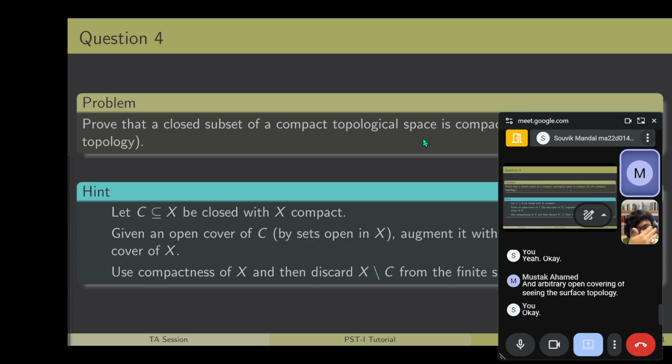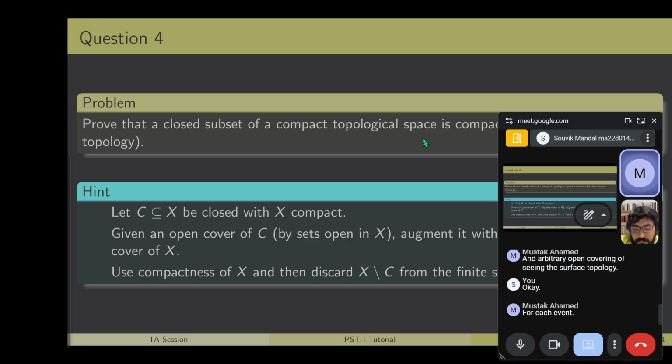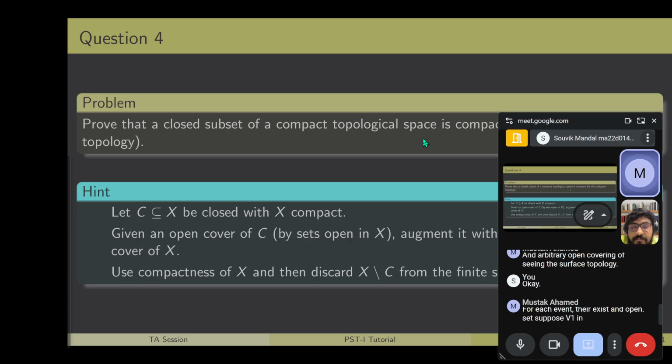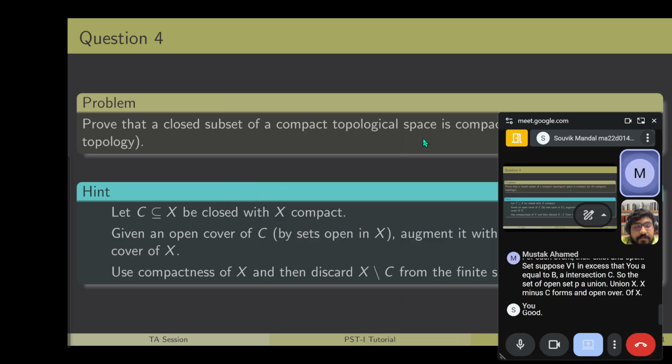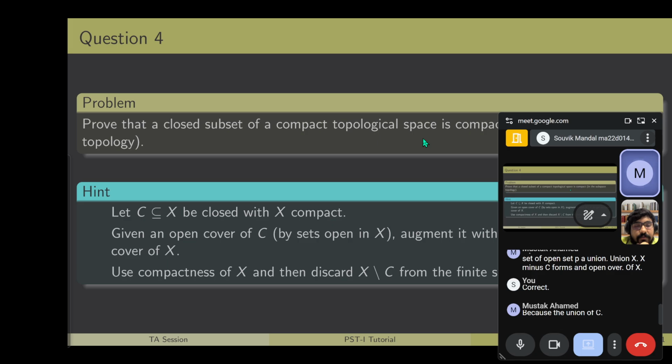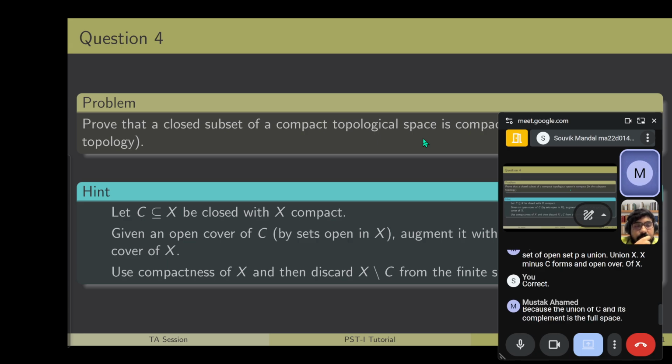For each U_α, there exists an open set V_α in X such that U_α is equal to V_α intersection C. The set of open sets V_α, together with X minus C, forms an open cover of X, because the union of C and its complement is the full space.